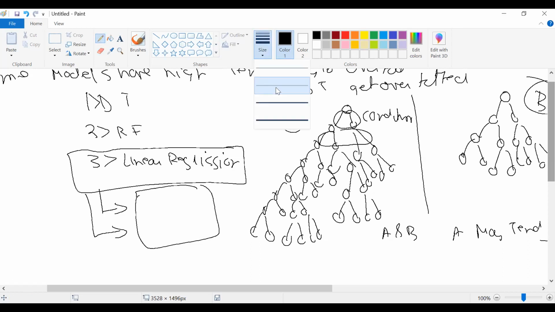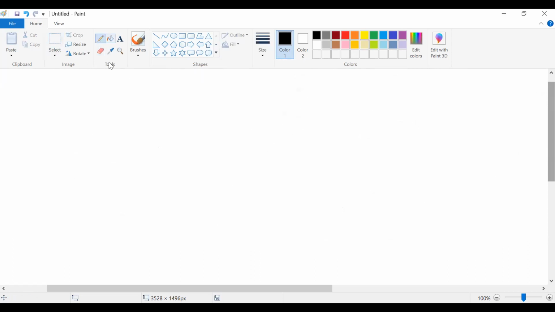Underfitting is very simple. What is underfitting? First thing to remember, underfitting is the opposite of your overfitting. Again, underfitting is a problem, but this problem is very evident. You can just see.